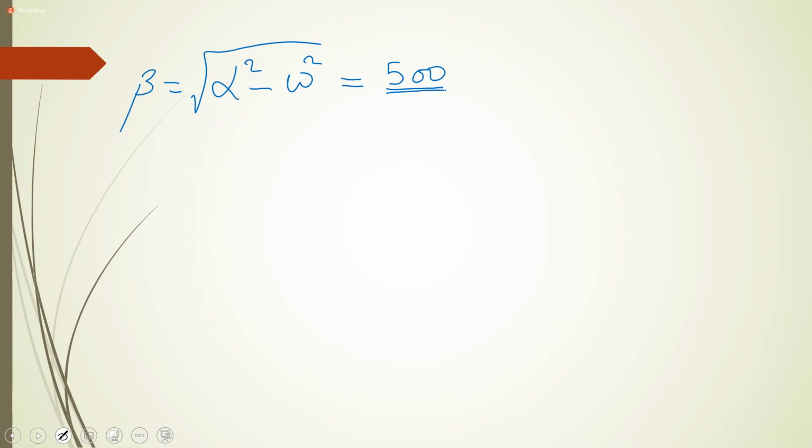Now, because alpha is greater than omega, it means that i is in the form, and I'm going to use A and B: i is equal to A e to the minus (alpha plus beta) times t, plus B e to the minus (alpha minus beta) t.